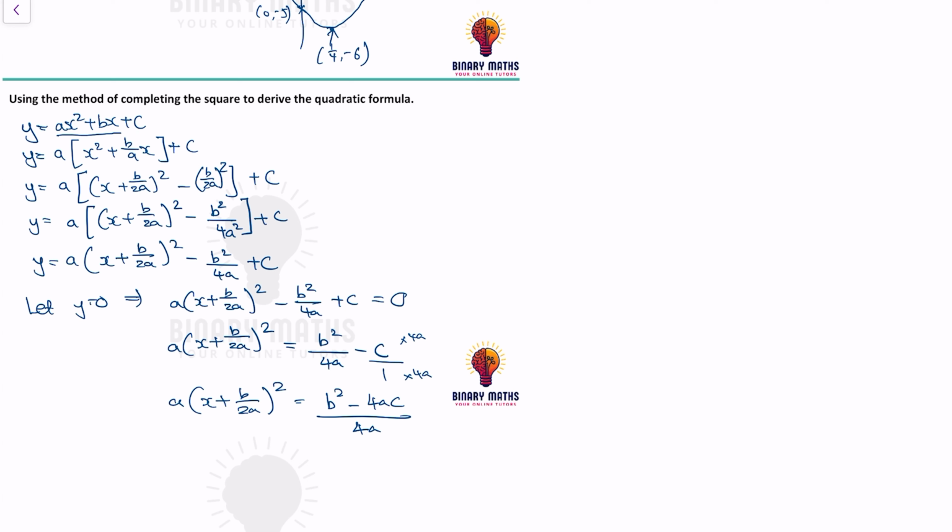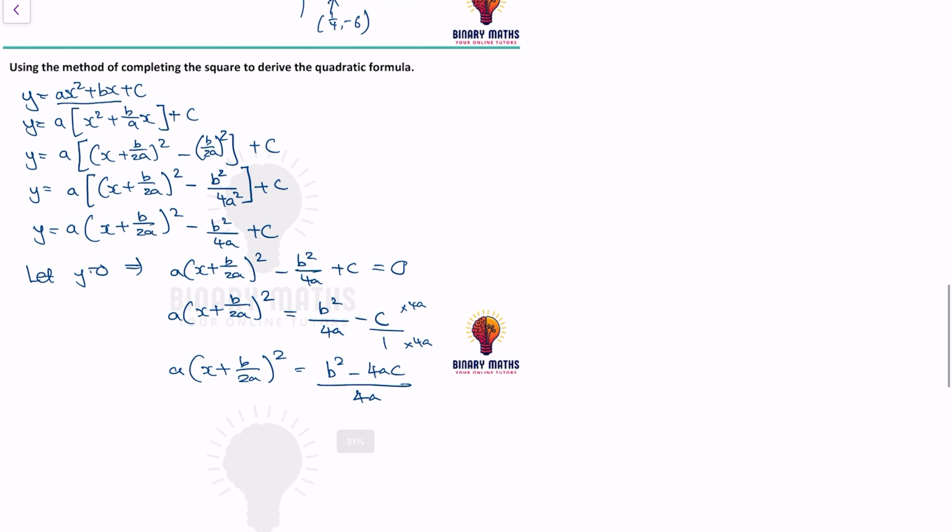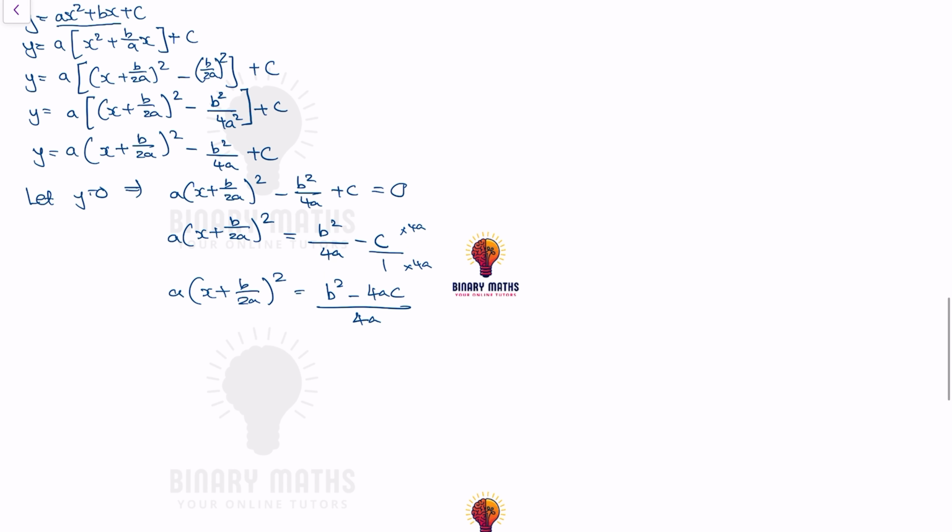Now get rid of the a on the left hand side by dividing by a. So I get x plus b over 2a squared. So I'm dividing by a, which means I'm multiplying the bottom by a. So I get all over 4a squared.